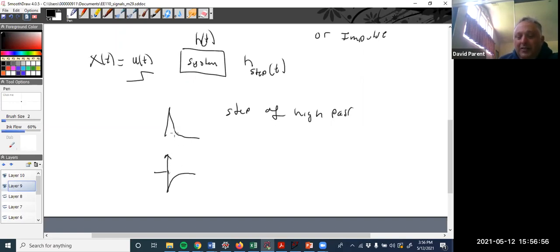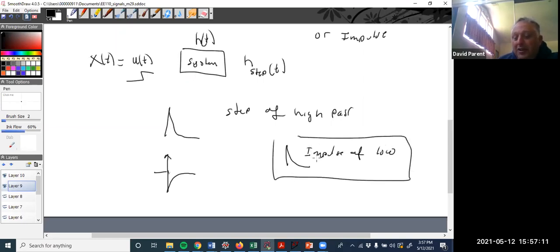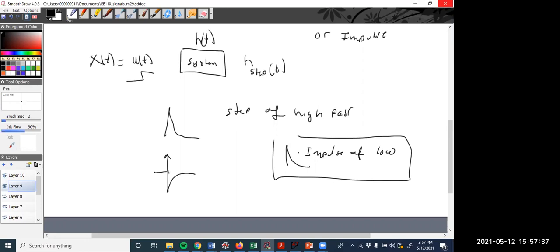But really, this is the step response of a high pass, but this is the impulse response of a low pass. And so you have to know what's being input. If I put a step input into a low pass, I get this. If I put an impulse into a high pass, that's what I get. And so people were kind of confusing the two. If I recall, that was probably one of the more common mistakes.